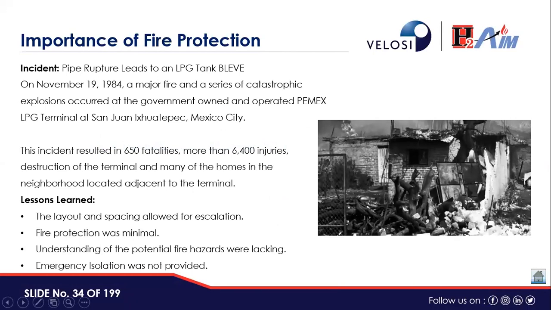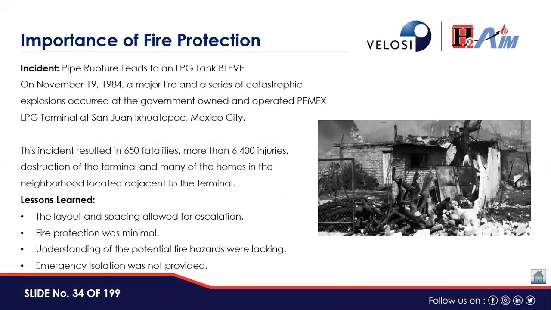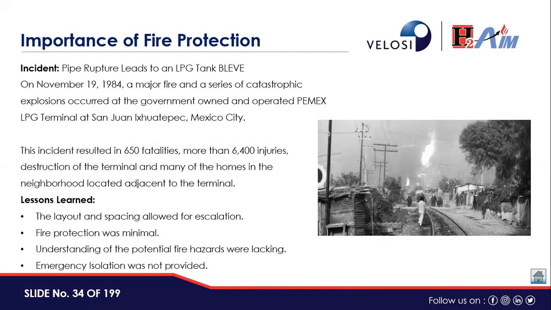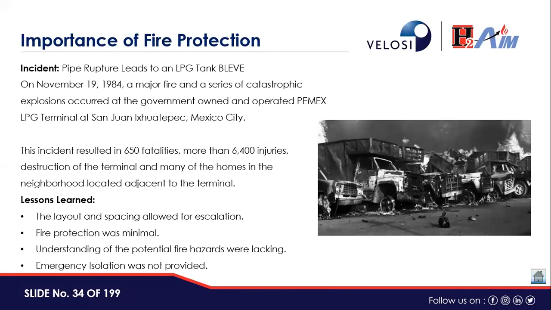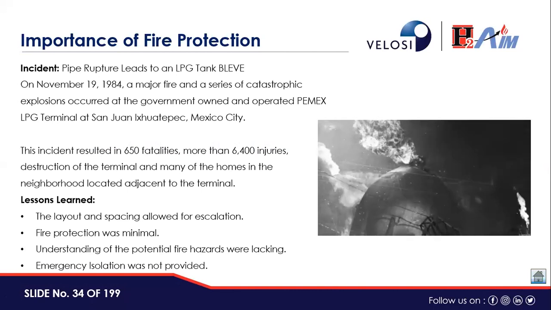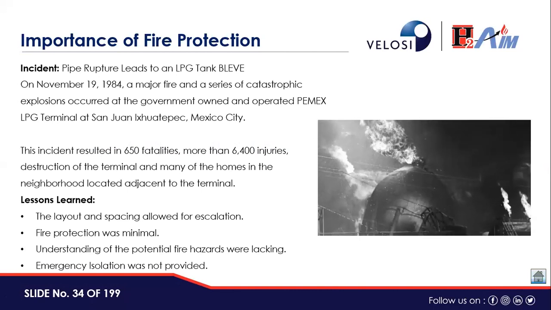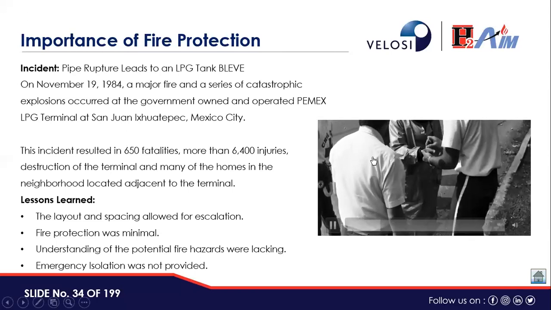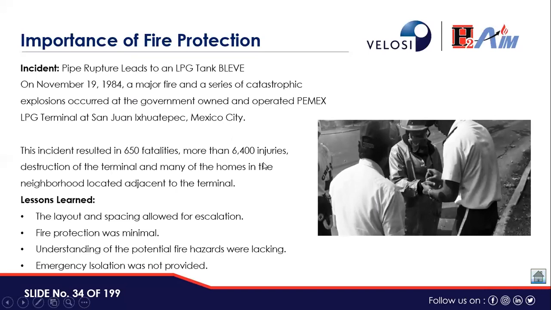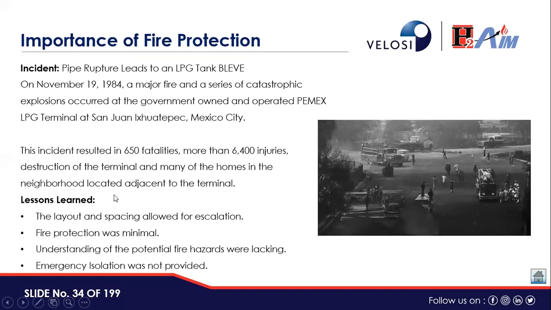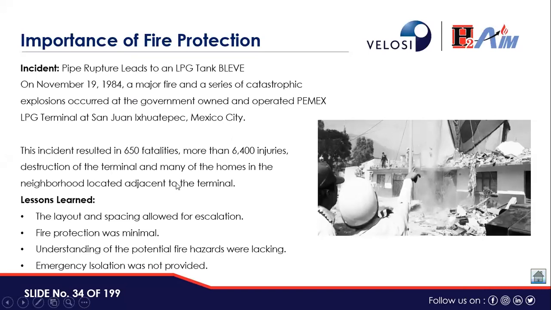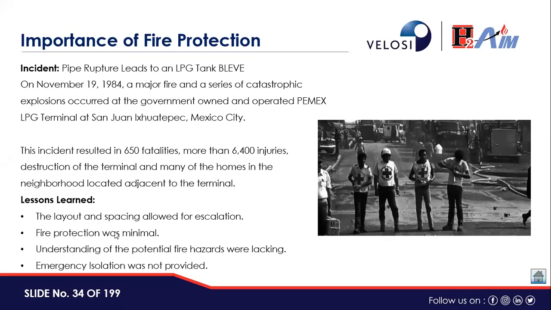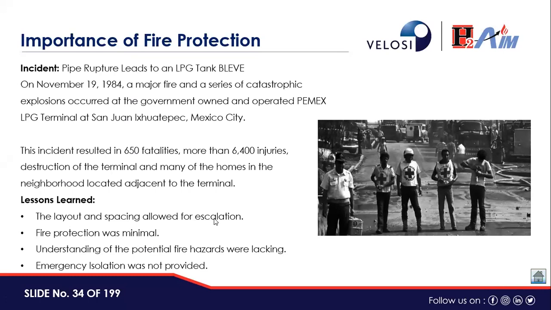There was one incident back in 1984, which took place in Mexico City, in an LPG complex. It caused a big loss of life. 650 people died, 6,400 people were injured, and the terminal was also destroyed. The lessons learned from this incident were: the layout and spacing allowed for escalation.